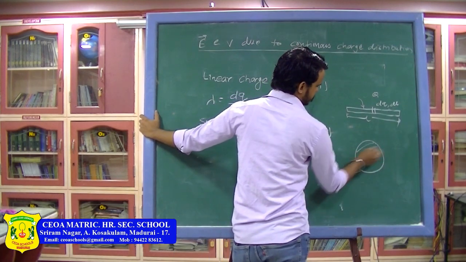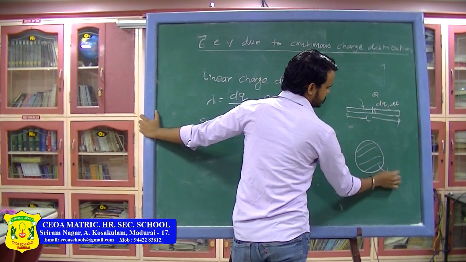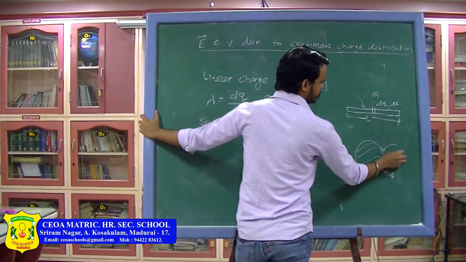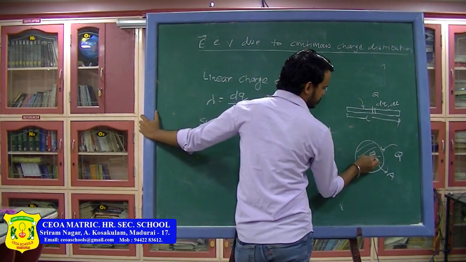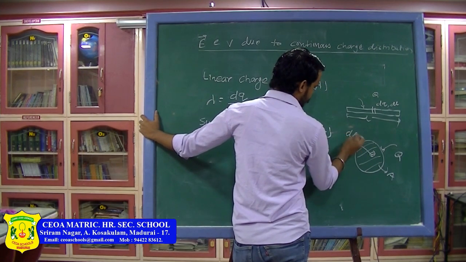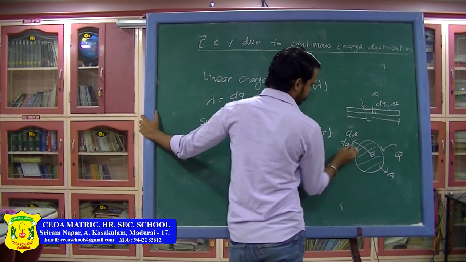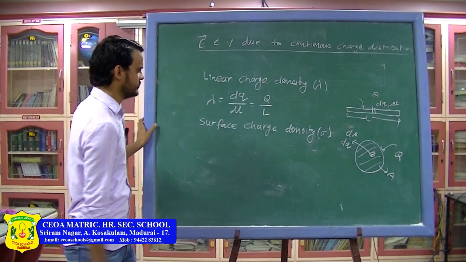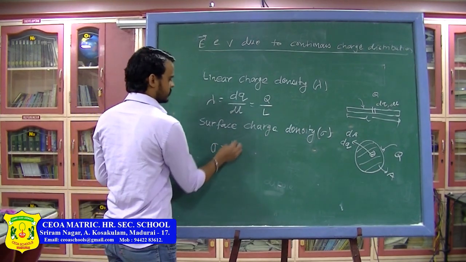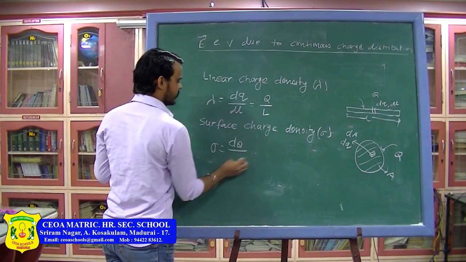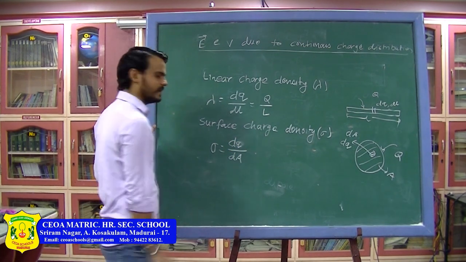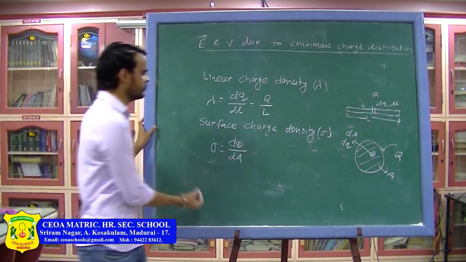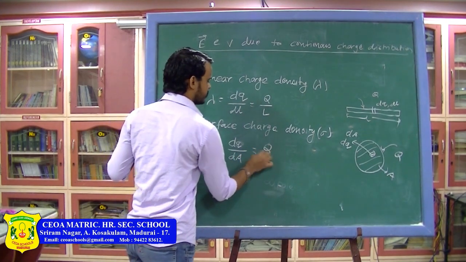So you have a surface, total area of the surface is A, charge given to this surface is Q, and I take a very small element on this one, the element area is dA, charge on this one will be dQ. So from here surface charge density can be written as dQ by dA. Again, if surface charge density is uniform, then it can be written as Q by A.